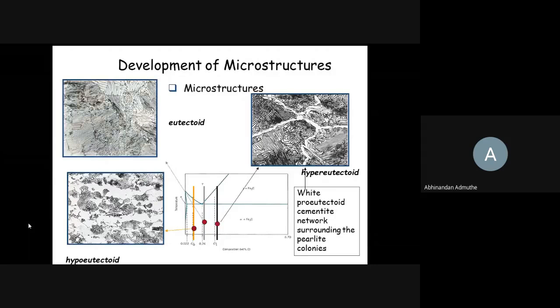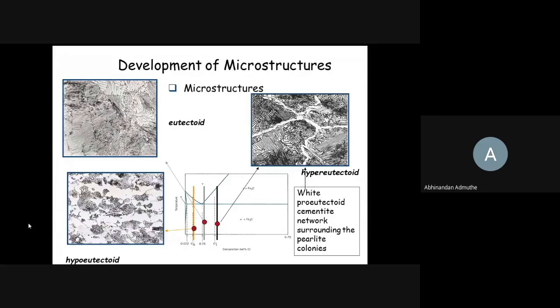And the microstructure of hypereutectoid steel contains cementite plus pearlite. So again, carefully look at the slides, it is very important. Eutectoid steel contains 100% pearlite. Hypoeutectoid steel is a mixture of ferrite plus pearlite. Hypereutectoid steel is a mixture of cementite plus pearlite.